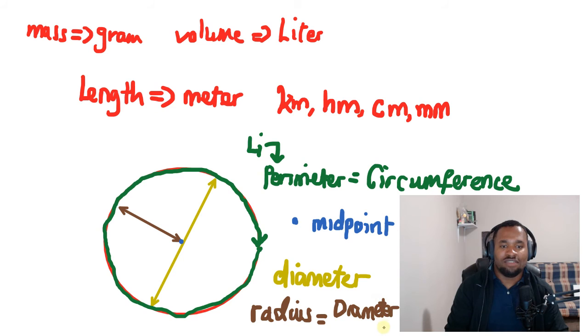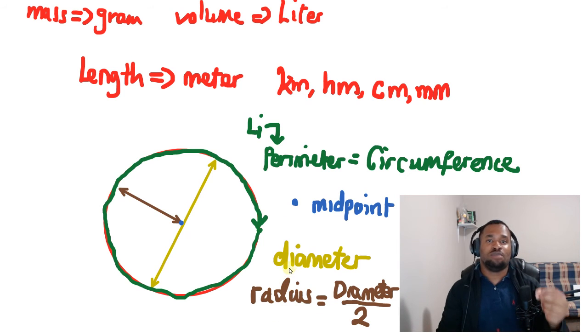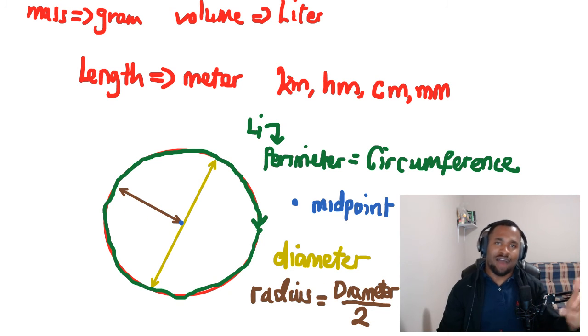So the radius is the diameter divided by 2, and therefore we are able to not only find the relationship between the diameter and the radius, but also know that the radius is indeed half of the diameter.